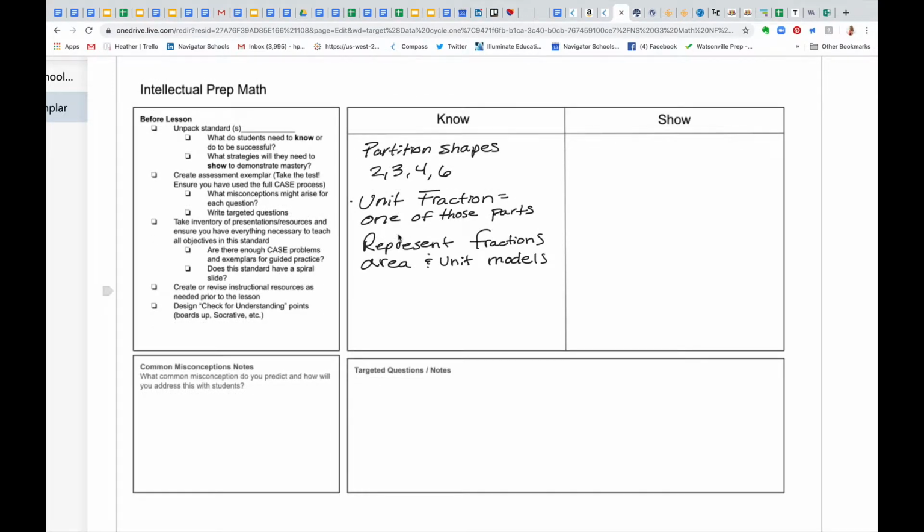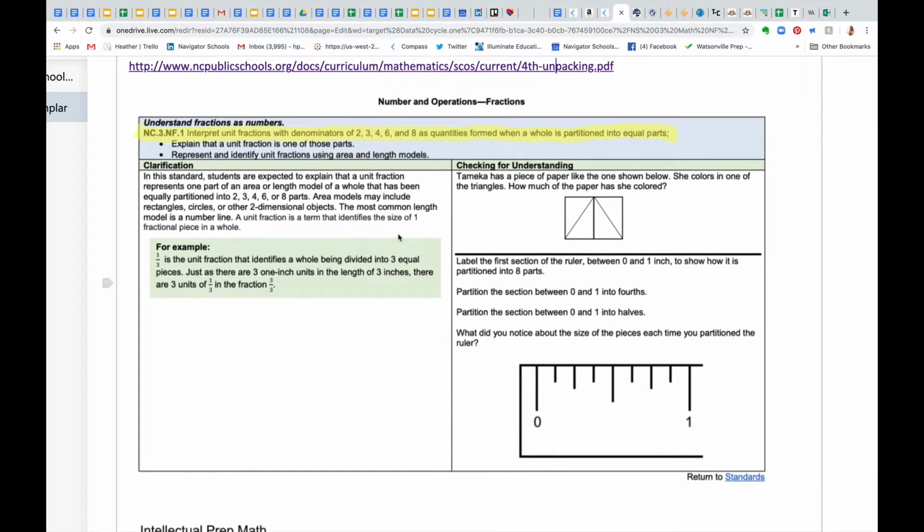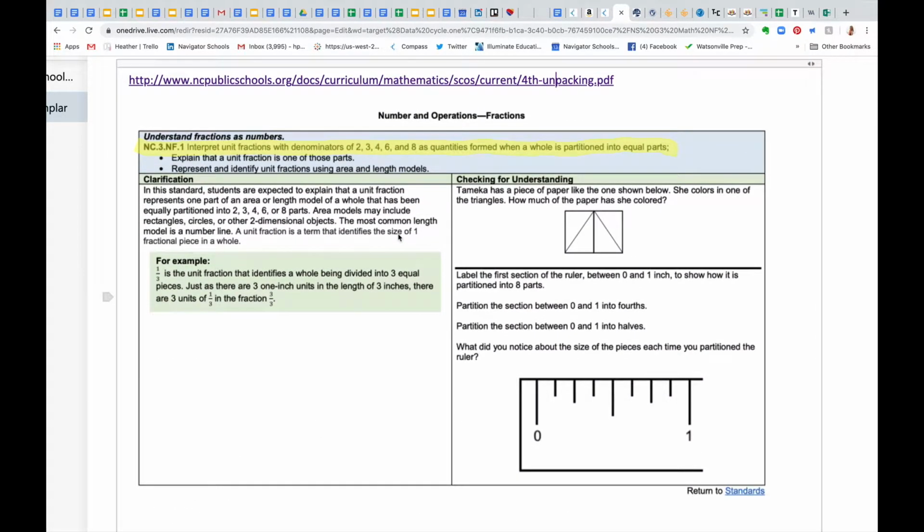To make sure I really understand what area and unit fraction models are, I'm going to dig a little bit deeper into this unpacking. So for clarification, students are expected to explain that unit fractions represent one part of the area and length of the model. Yep, we already have that down there. We already have that we're partitioning into 2, 3, 4, 6, or 8 parts. Okay, here we go.